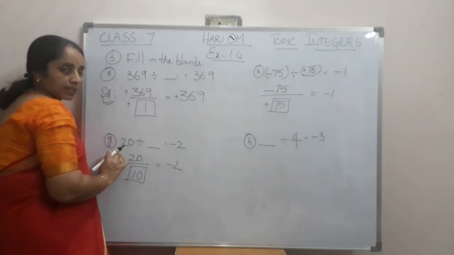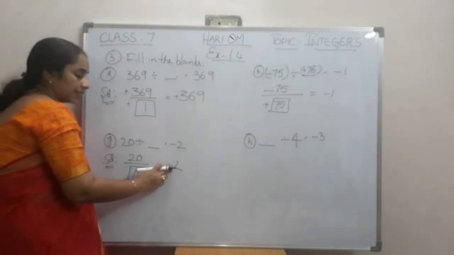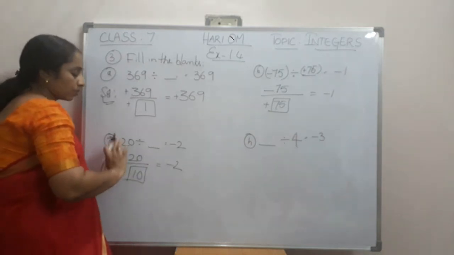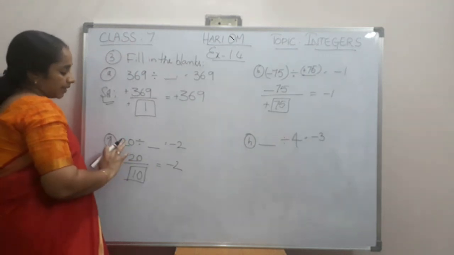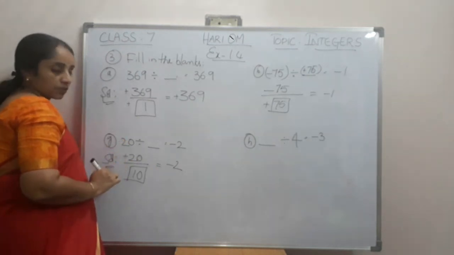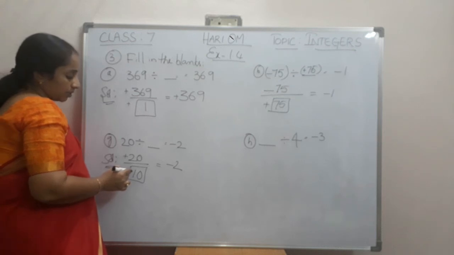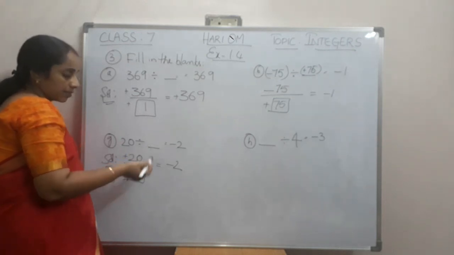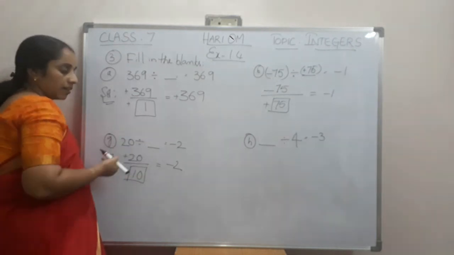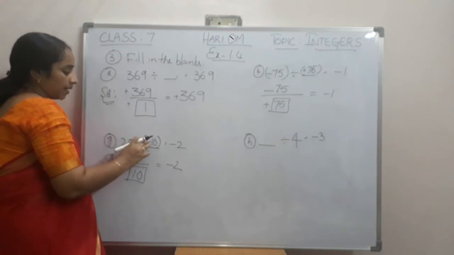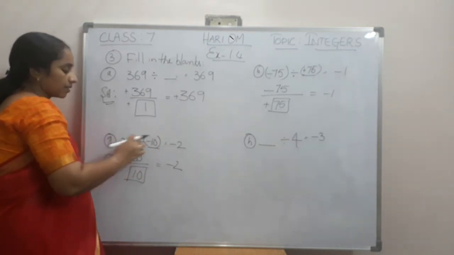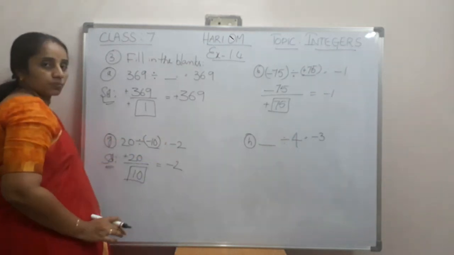Here the result is negative, so one must be positive and the other must be negative. They have given 20 as positive, so we should put a negative sign to the divisor. That is minus 10.